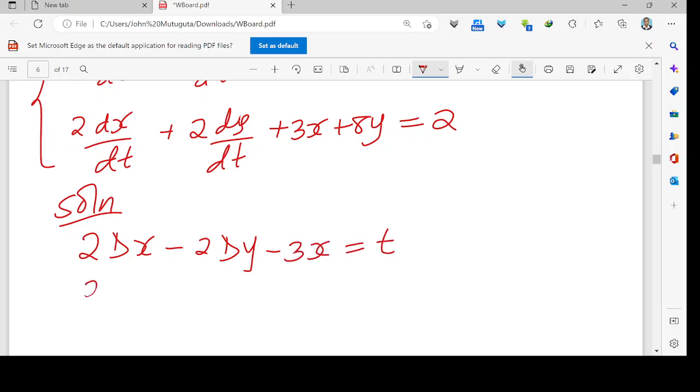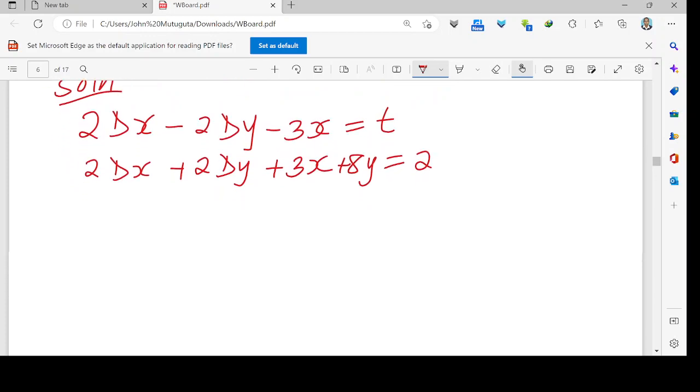In the second equation, we have 2 dx plus 2 dy plus 3x plus 8y is equal to 2.